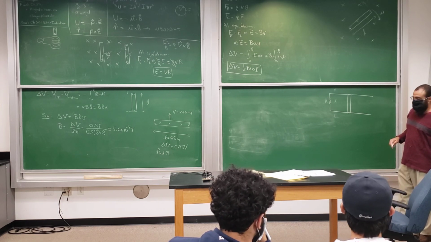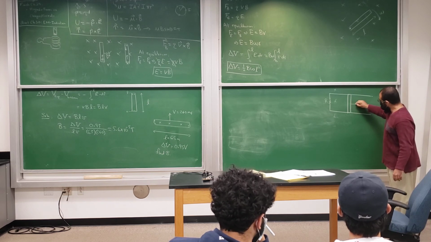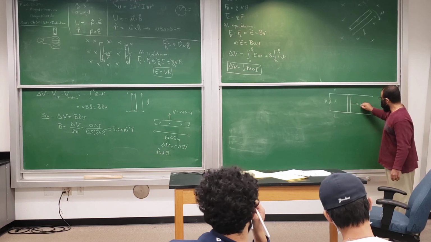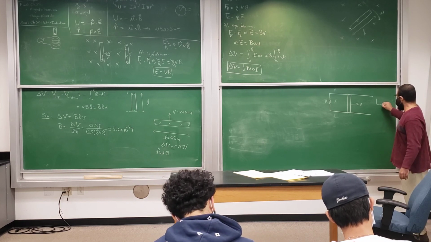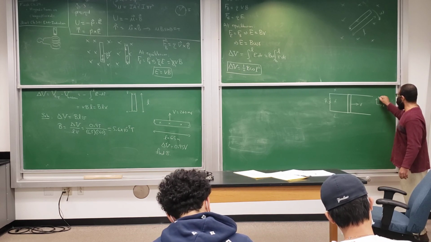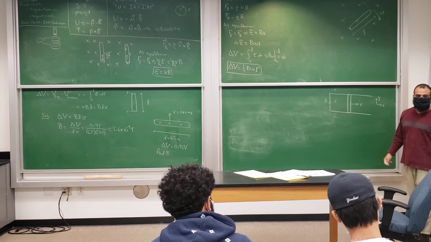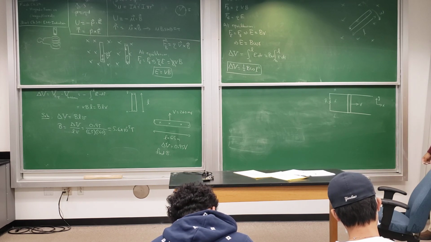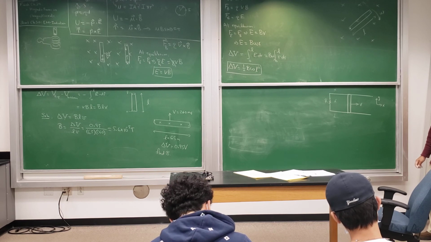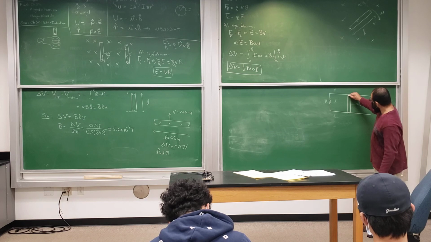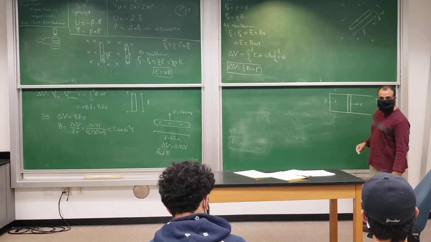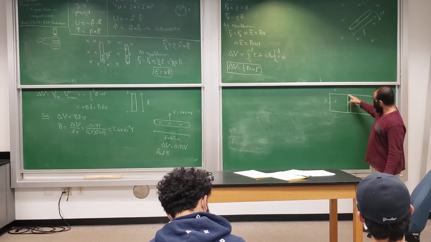So what we will do is the following. We will drag this rod this way with some velocity v. Let's say this is the x direction, this is the y direction, and the z direction is that. As you drag it, what happens? Pluses will go here. But now they don't get stuck here.